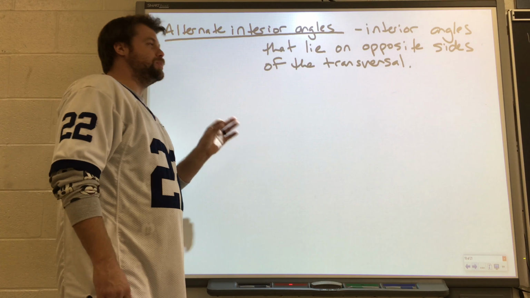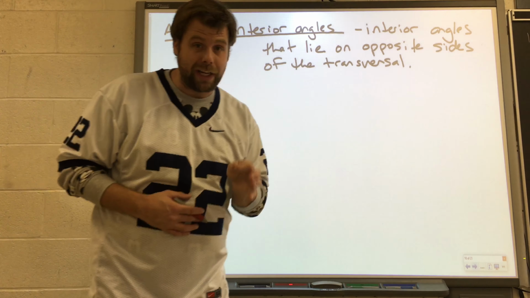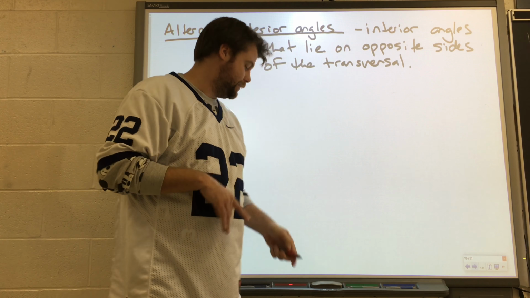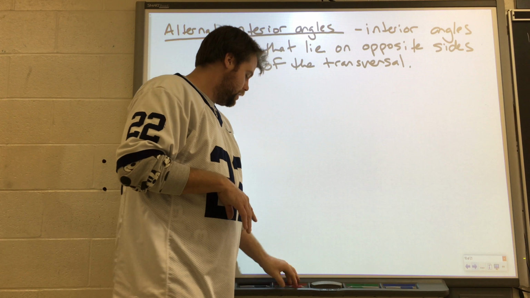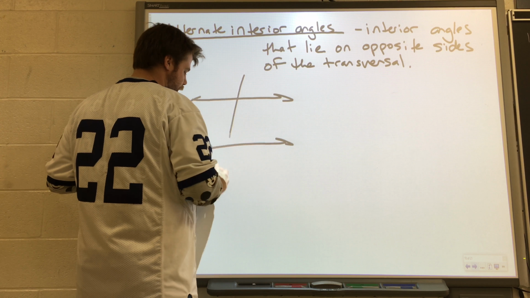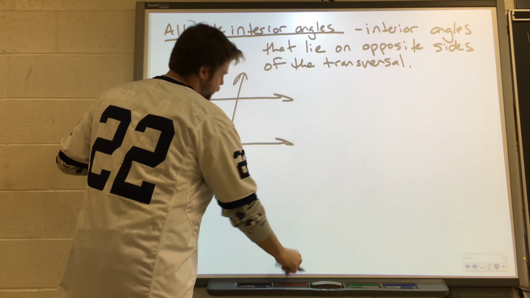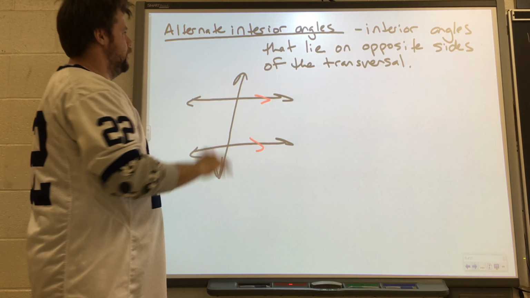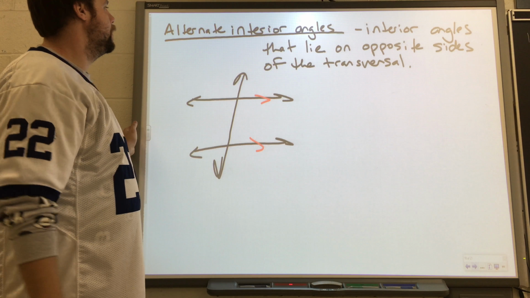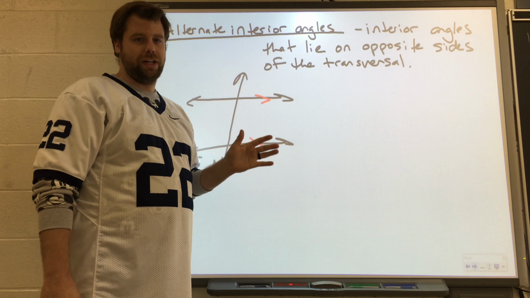Okay, now as we continue on talking about a transversal intersecting parallel lines, let's stick with that concept. So I got a transversal, it's intersecting these sets of lines. I'm just going to say that they're parallel. Alternate interior angles are angles that lie on opposite sides of the transversal.